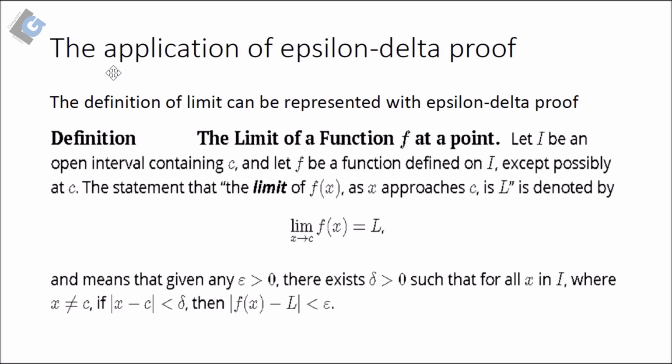So in other words, for a given positive epsilon, there always exists a positive delta, whenever x approaches c or is close to c from both sides, the bigger side or smaller side, that's why I use the absolute value. When x approaches c, then f(x) will approach L. That is the technical definition for limit.